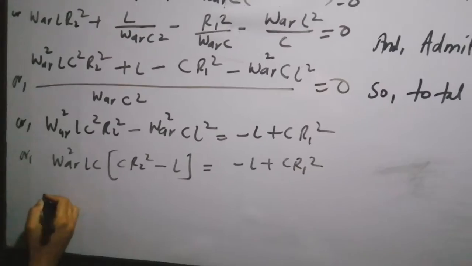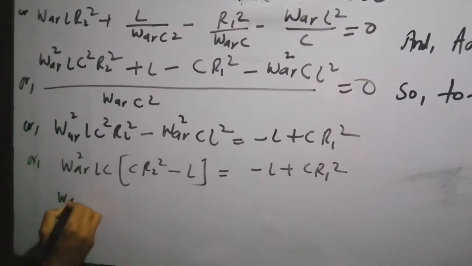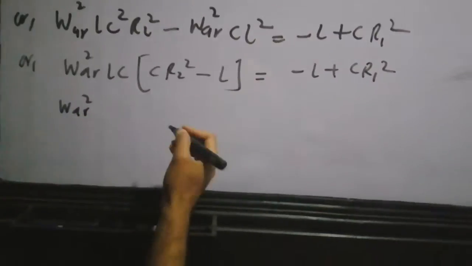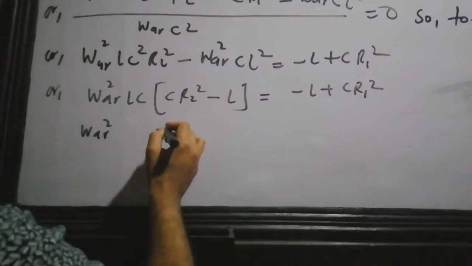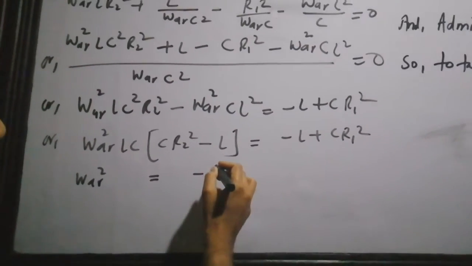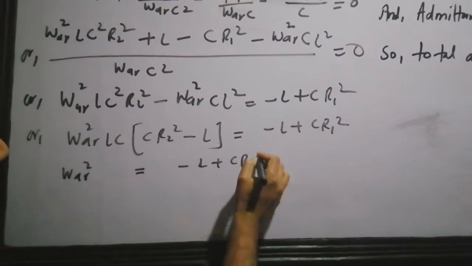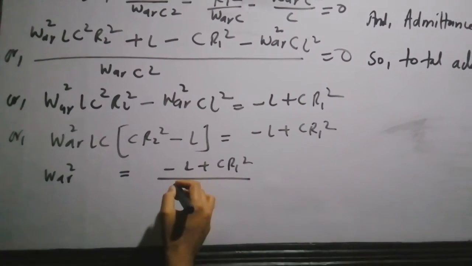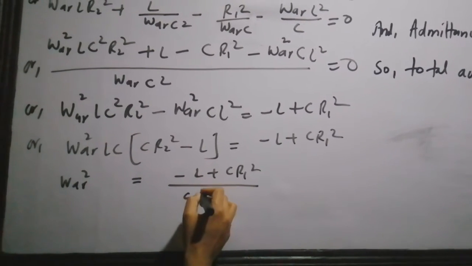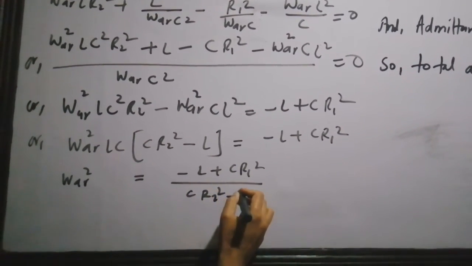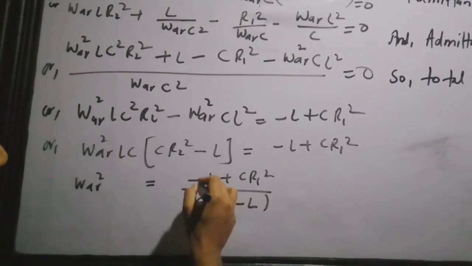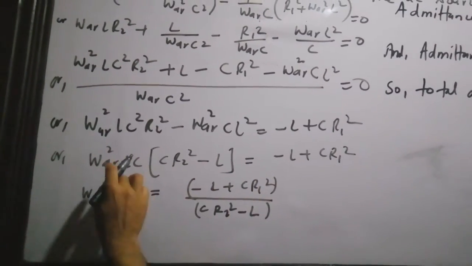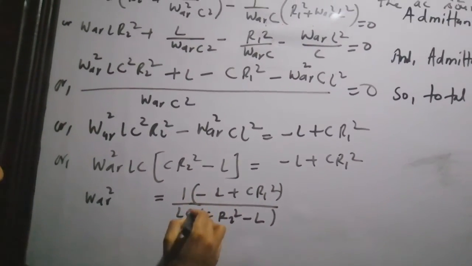Okay, and so omega AR square equals to, I have to take this term on the other side, so which equals to minus L plus C R1 square upon C R2 square minus L. This goes down and here, and we have LC, and so I write this LC.